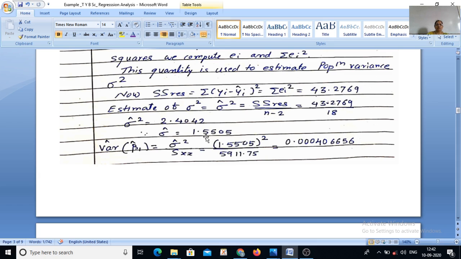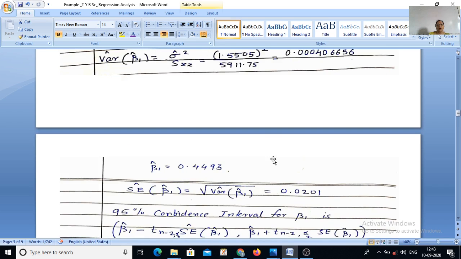So sigma cap is equal to 1.5505. Using this, I am computing the estimate of variance of beta 1 cap. By definition, it is sigma cap square upon SXX. Now sigma cap square is 2.4042 upon 5911.